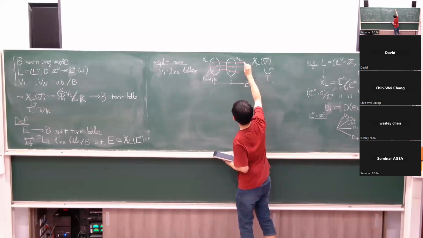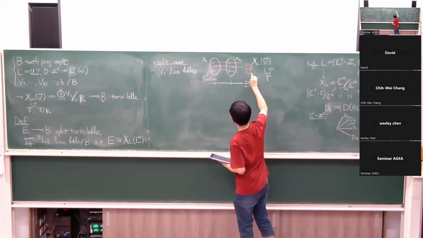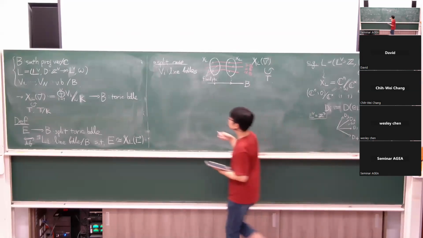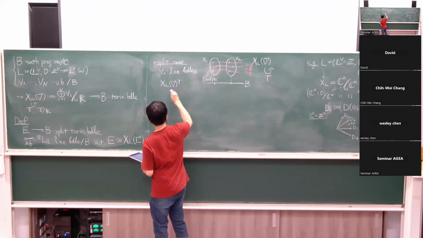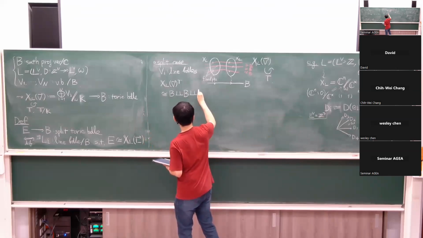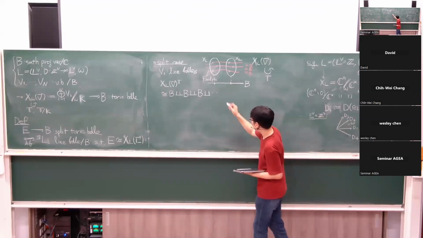These are all isomorphic to B. So the fixed point set is a disjoint union of copies of the base space.